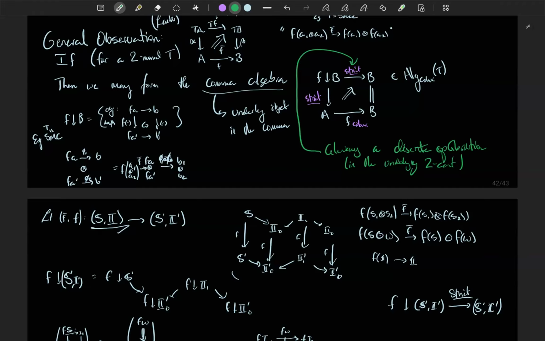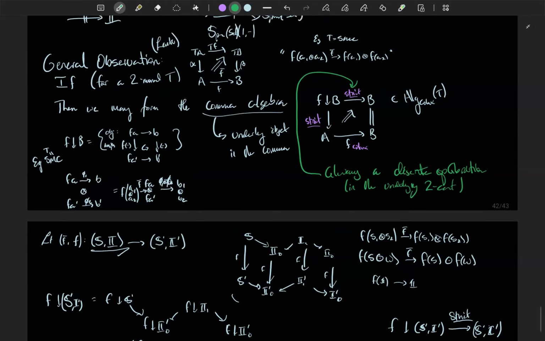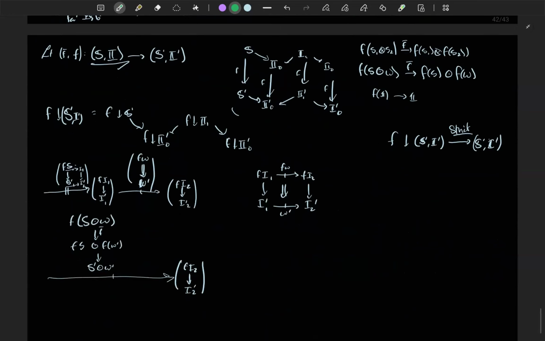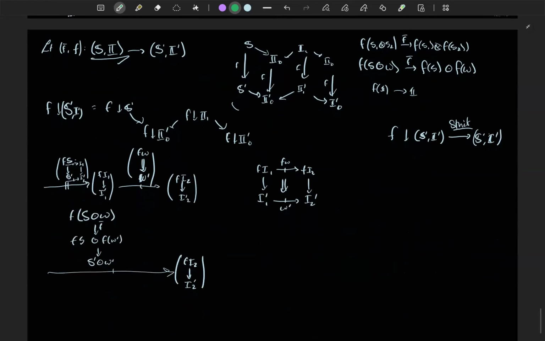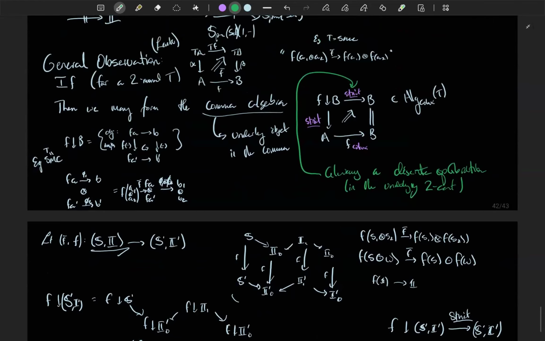And this is sort of an abstract nonsense fact. It's true in cat, and it's true by abstract nonsense. You can prove it in the abstract. I'm not going to do that here. I mean, it's true in cat, and if you've defined discrete op vibrations representably, which we have, then this is a limit condition, you can just compute it in cat, and it's true everywhere because it's true in cat.